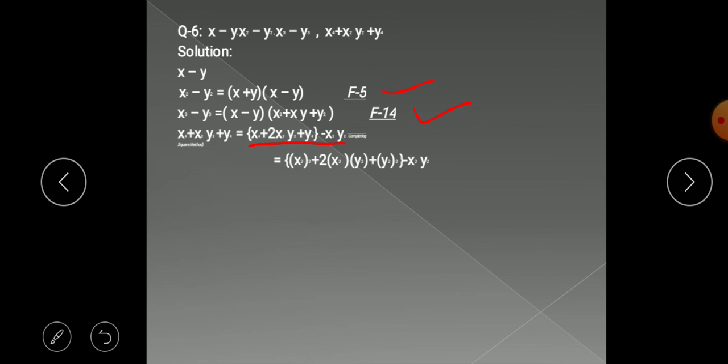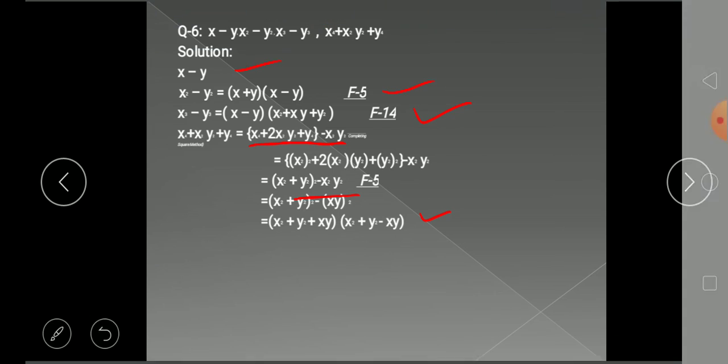First of all, we have to apply formula number 3 or 4, and then formula number 5. So it has given me the last factors. Now we have here 4 factors, in fact 1, 2, 3, 4.